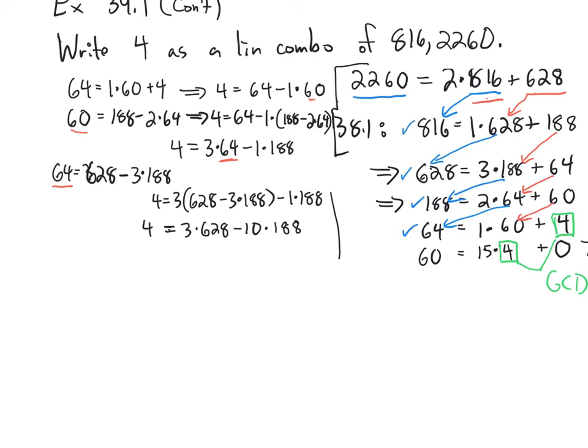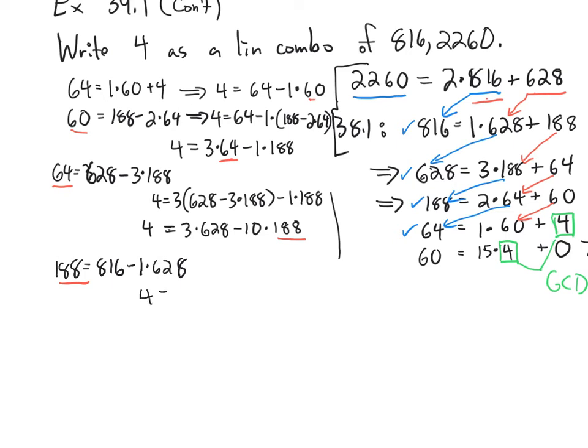It's just a little bit of work of simplifying. So we'll move up to the next line. So we want to write 188 as a linear combination of 816 and 628. So let's do it. So 188 is 816 minus 1 times 628. So again, we'll substitute and simplify.